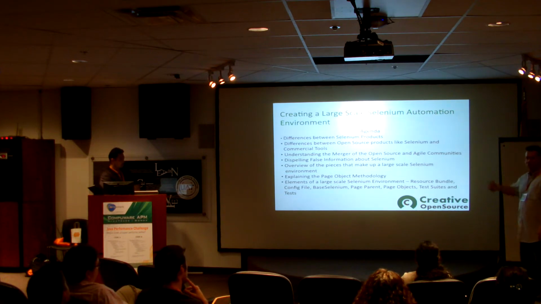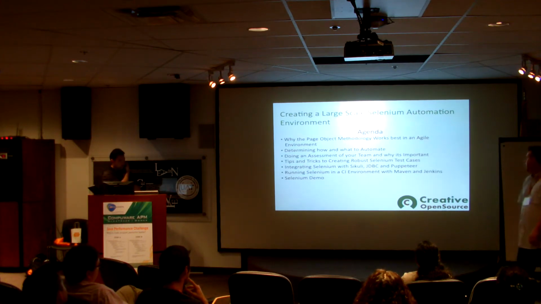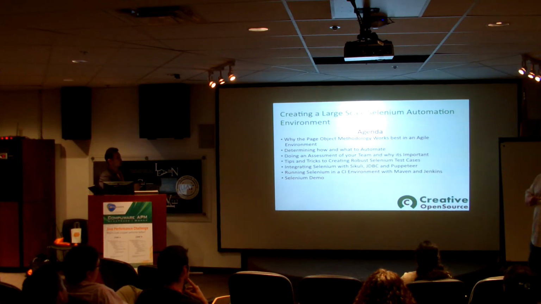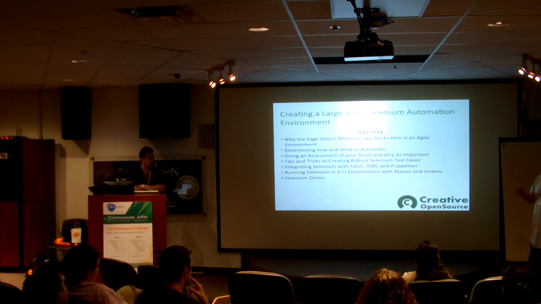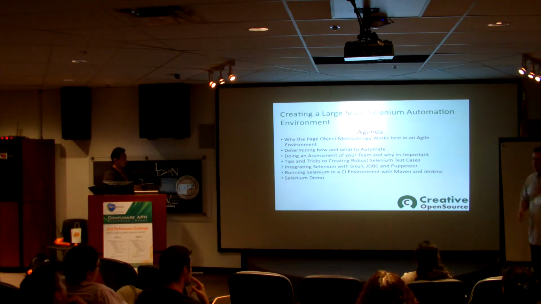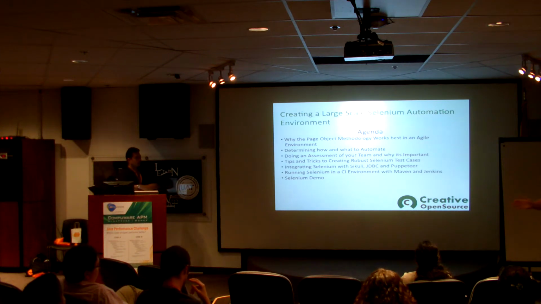Then I'm going to show you each of the individual pieces that make up the architecture. I'm also going to get into a little bit of the Agile, why page object methodology works best in an Agile environment. I'm going to give you an idea of how and what to automate. This is really critical. A lot of teams pick an automation tool and they have no idea why they picked it.